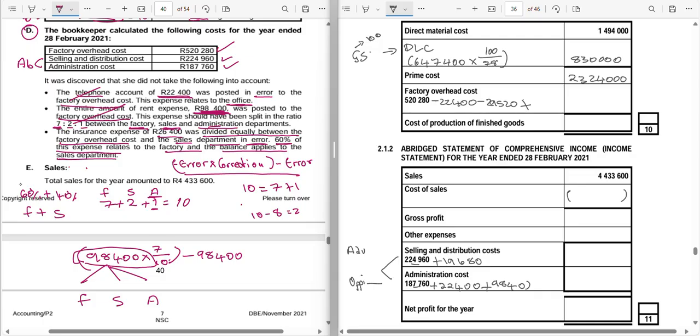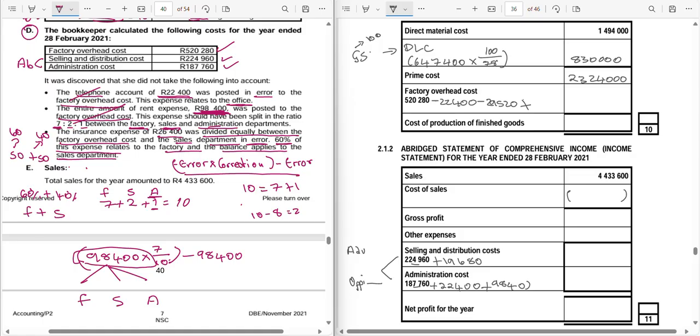Because when they said divide equal, it means we made a mistake by giving factory 50 and we gave sales 50, instead of giving factory 60, we give sales 40. So it means that we under allocated in the factory.